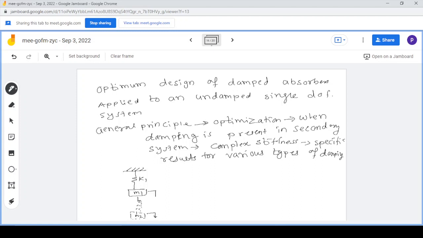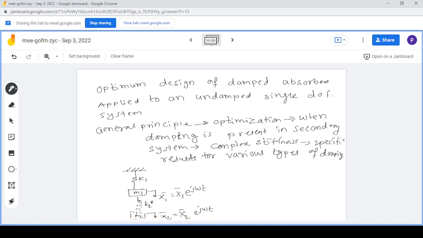I will tell you the reason. X1 is equal to capital X1 e raised to j omega t. So X1 is the displacement having the magnitude capital X1, and e raised to j omega t indicates the phase angle. X2 is the displacement of the mass 2, which is connected with the spring of K2 star, right? And X2 is the magnitude of this mass 2.